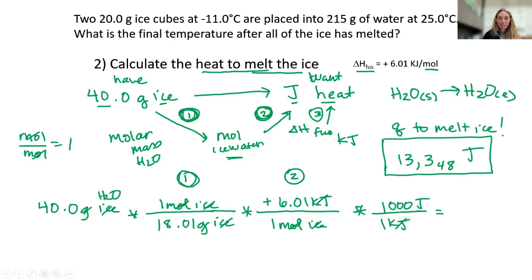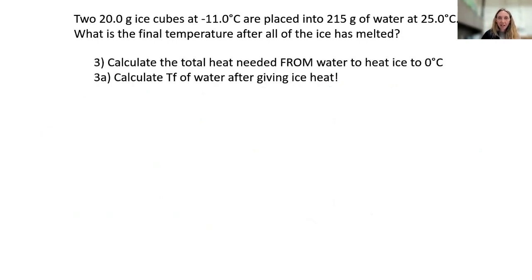So we have step 1 and step 2. Our next step is we need to calculate the total heat that's needed from the water. The water is going to give heat to the ice. And so we need to calculate that total heat that's needed to get the ice from -11 degrees to 0 degrees. Okay, so I'm going to put that step number 3 up here.